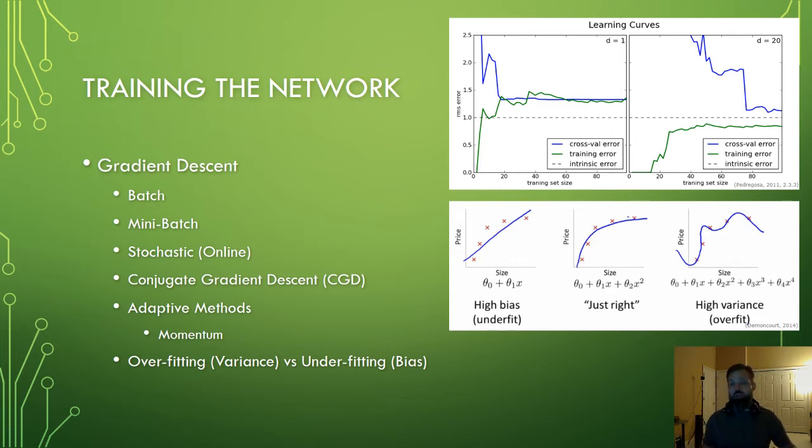I found some really good resources for learning conjugate gradient descent when I did my project, and I was able to put it together without too much trouble, and I'm not exactly a math major, so I don't think it's really too far off the deep end. If you're looking for something that's a little bit more challenging and might give you better results in certain situations, I definitely encourage you to give it a shot.